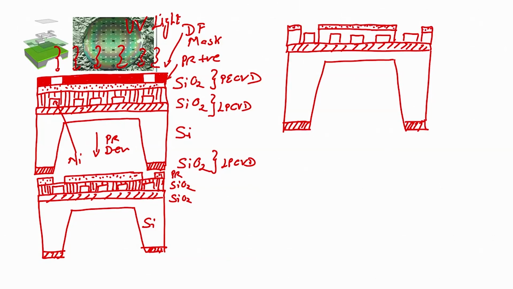You can very clearly see that silicon dioxide is etched from the contact pad of the heater. Silicon dioxide is etched from the contact pad of the heater.